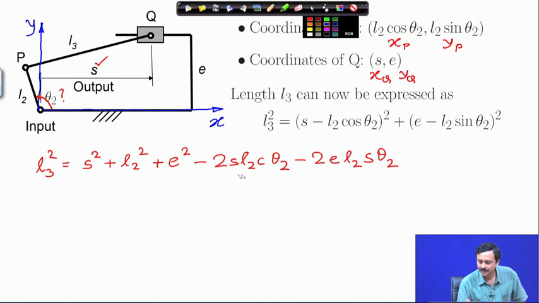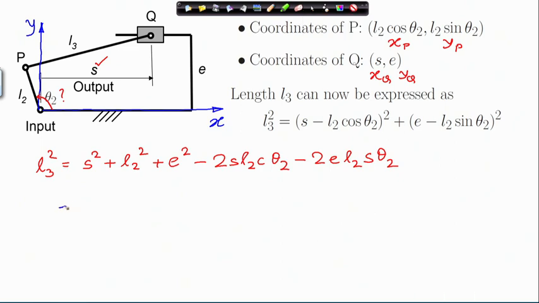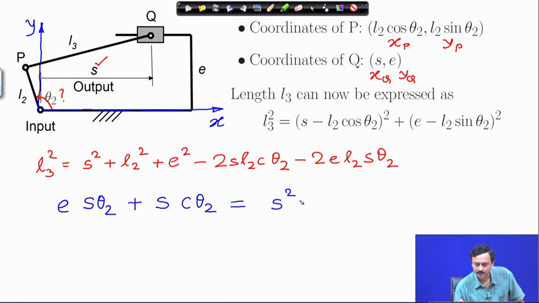I will divide by 2L2 and write it like this: E sin theta 2 plus S cosine theta 2 is equal to S square plus L2 square plus E square minus L3 square.